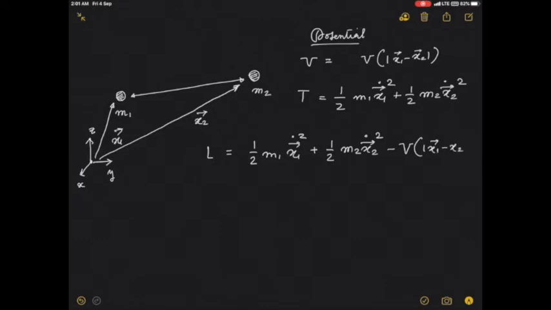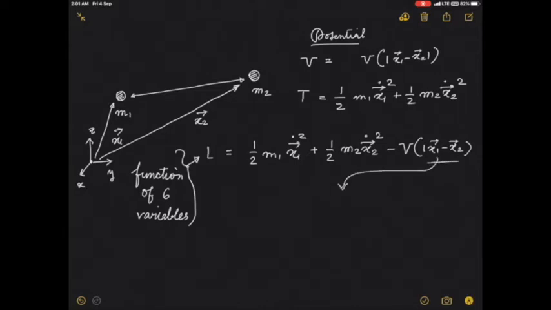Looking at this Lagrangian, it's a function of 6 variables. So let me write this explicitly.